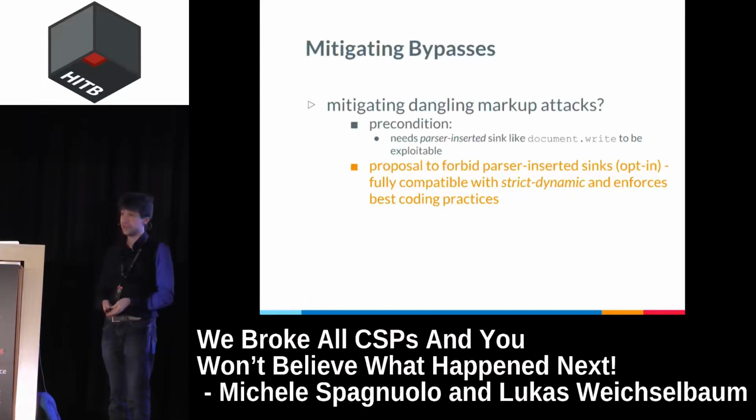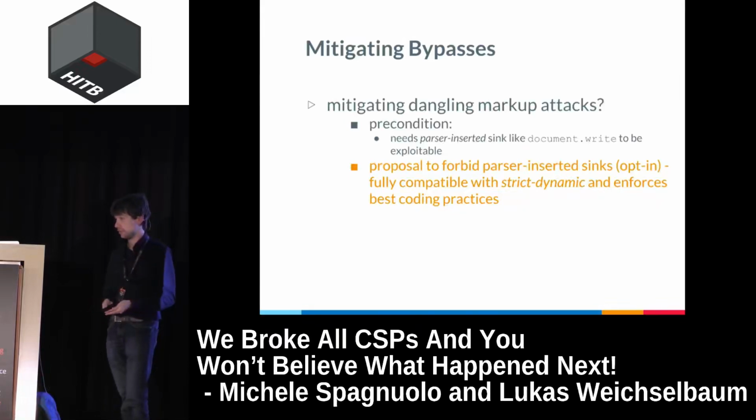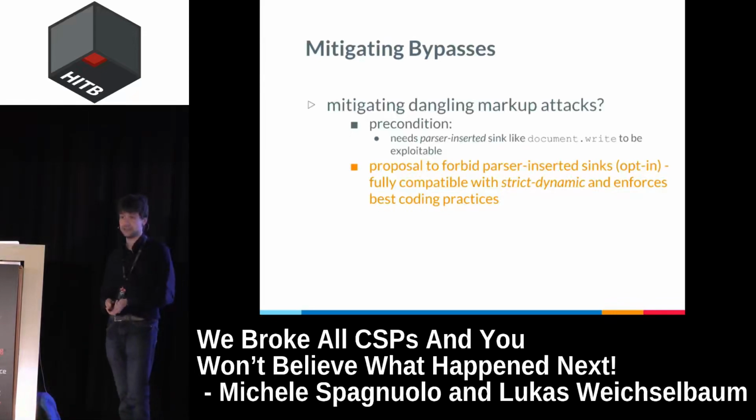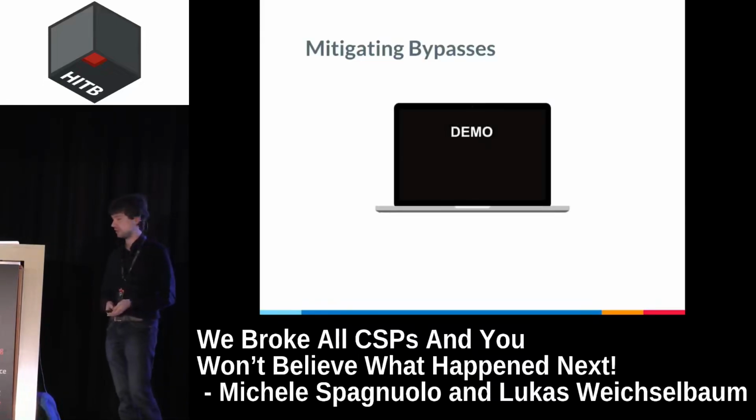And furthermore, it would encourage best coding practices because document.write is very bad. For example, innerHTML is very bad. They are bad for performance, they're bad for security. So you should not use them. We hope to be able to add this to the specification, maybe as an opt-in. We'll see. It depends also a lot on the industry support for this.